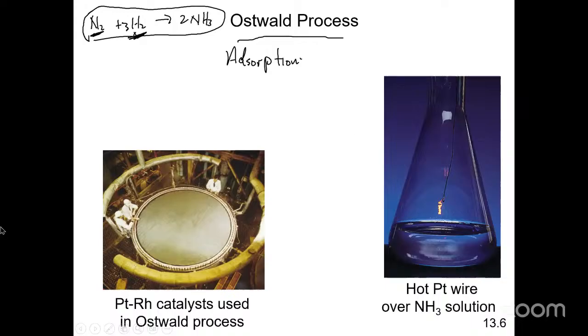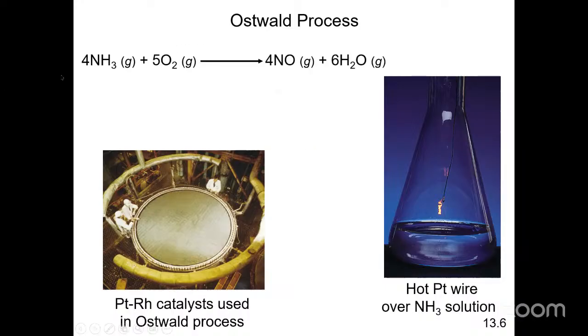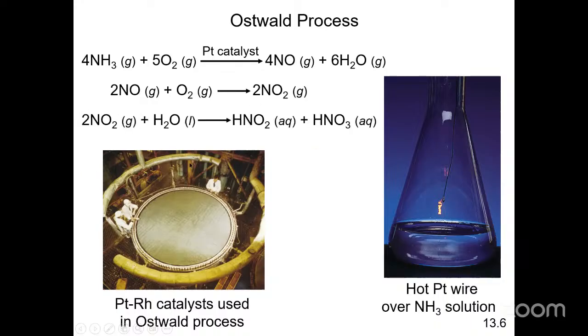Another example of a heterogeneous catalysis is the Ostwald process. And it's a two-step process actually in terms of reactions. So the ammonia is used to react with oxygen to form NO, and the catalyst that is used is platinum in this case, and then the NO is reacting with oxygen to form NO2, and then what happens next is that the NO2 is added to water, and two products are formed, nitrous acid and nitric acid.